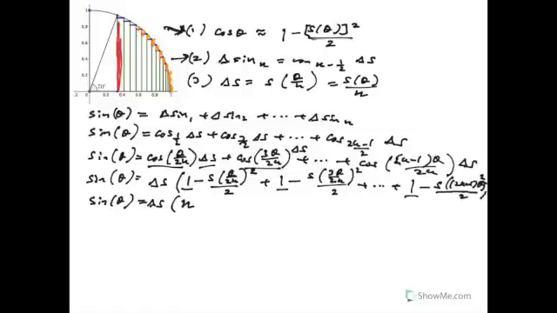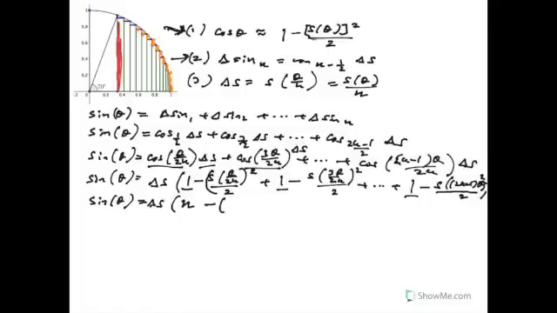Now this other stuff, I'm going to write it like this, minus, because they all have minus in them. And if you actually go ahead and square this thing, 1 minus s of theta over 2n, actually, I'll skip a step here.